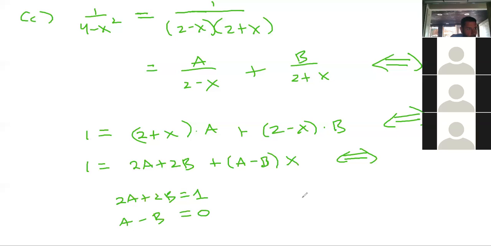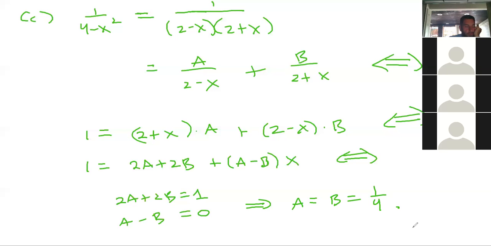So if you solve this system of equations, what you end up getting is that A and B both have to be 1/4. That's the only way it's going to work. Yes or no? Yeah, and you could check this for yourself.